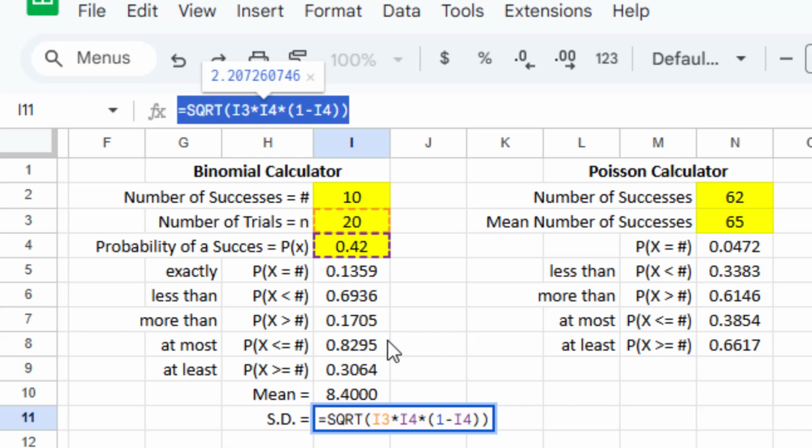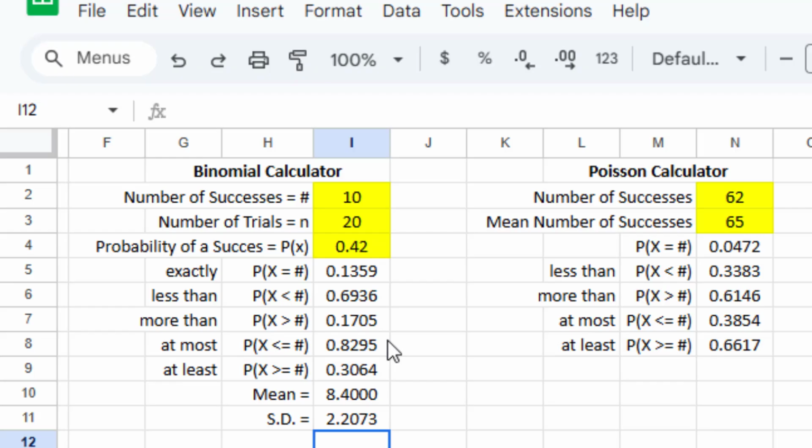So if p is 42%, q would be 58%, right? And so if you do 1 minus I4, that calculates the complement. And you have to put that in parentheses for order of operations to make sure that first it calculates 1 minus I4 and it gets that q value. Then it takes that q value and multiplies it by I4 and I3. And then you have to have that second parenthesis to close off the initial parenthesis, so all of that stuff is underneath the square root. Okay? And then that's your standard deviation. And that finishes off the binomial calculator for us.